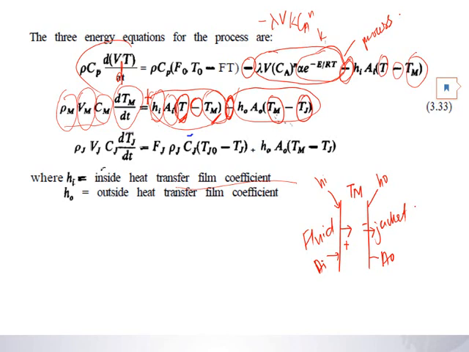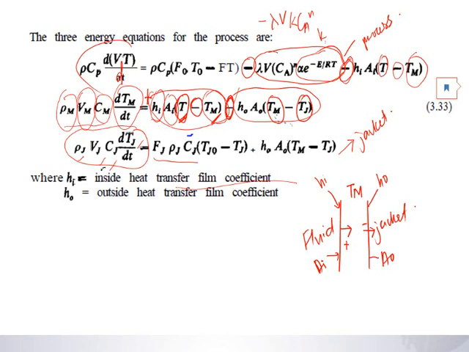Okay, the next one, we look at the equation for the jacket. So in this case, I think it's water. From last week, it was water. So there's something flowing in. Okay, so this one is the expression for the unsteady state. You have rho j, Vj, Cj, dTj on dt, and equals to, this is the flow of the jacket coming in.